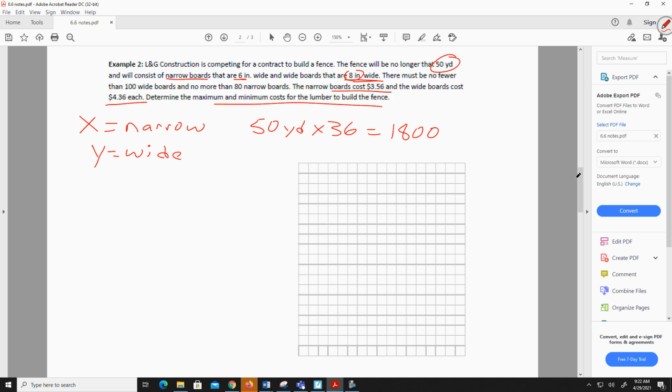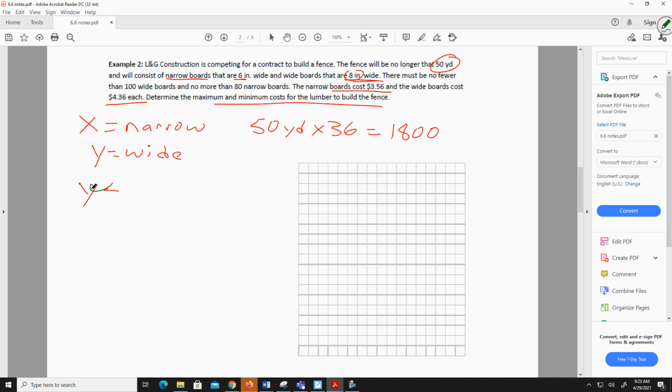All right, so there must be no fewer than 100 boards and no fewer than 80 wide boards. So wide boards have to be greater. We're all seeing that I'm trying to erase this, right?